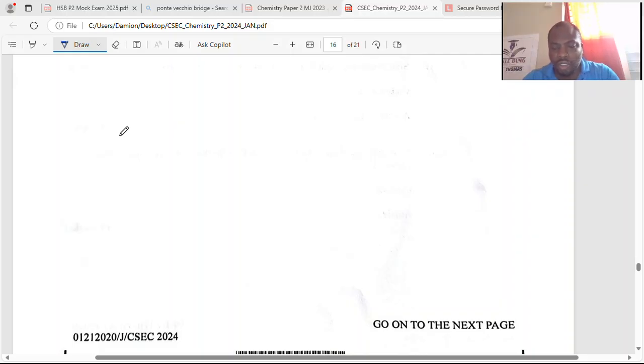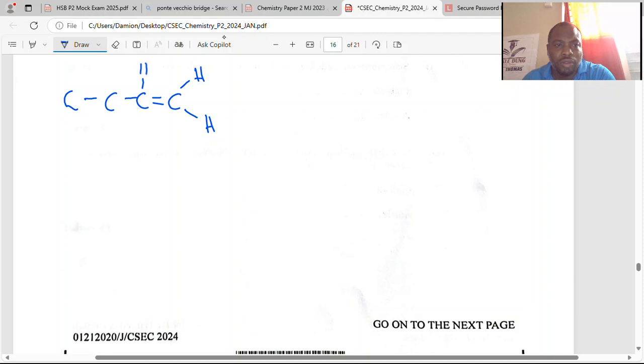So in 2D, you basically present the covalent bonding of the various atoms that are in the compound. So if we look at A, it would have looked like this.